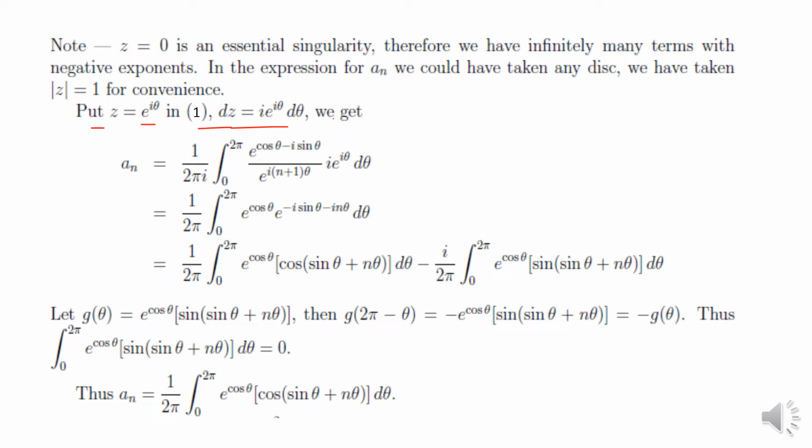So if function f(z) is having principal part only with finite number of terms, then we have poles. And suppose last one is a suffix minus n upon z minus a to the power n.